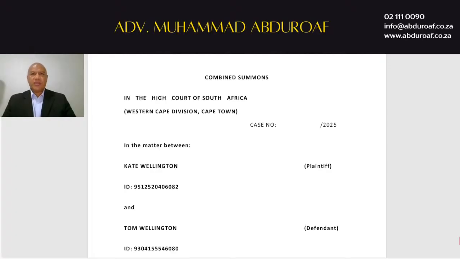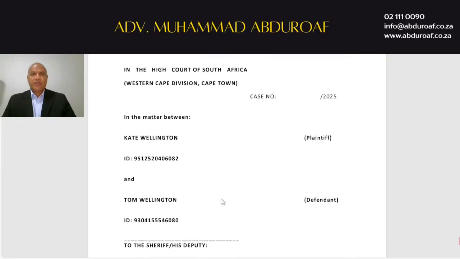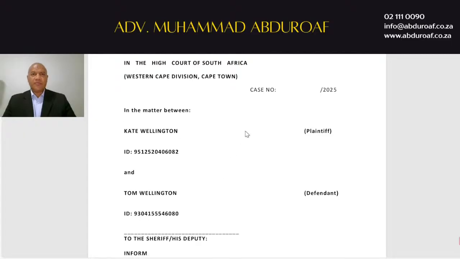But today's topic is how to draft it. First, you will have to draft the summons. The reason they call it a combined summons is, you will see later on, a particulars of claim is also attached to it. This combined summons is issued out of the Western Cape High Court.